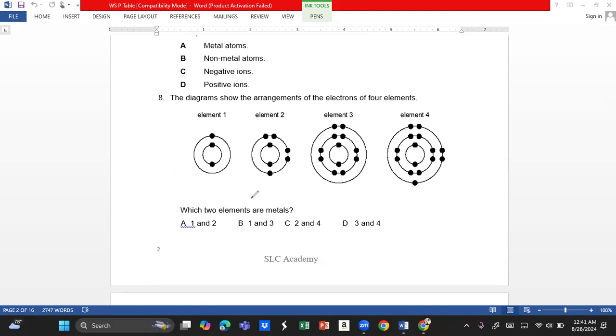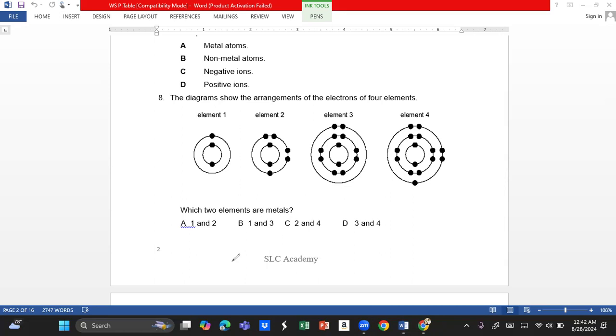Which 2 elements are metals? Metals must have outer shell electrons less than 4, or less than half filled. For the first shell we apply 2, half of 2 is 1. If we have atomic number more than 7 or 8, we will go for the 8 option: outer shell with 8 electrons or less, and metals less than 4.